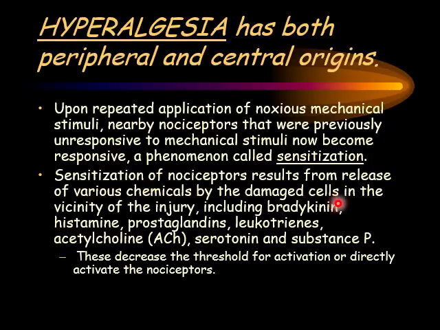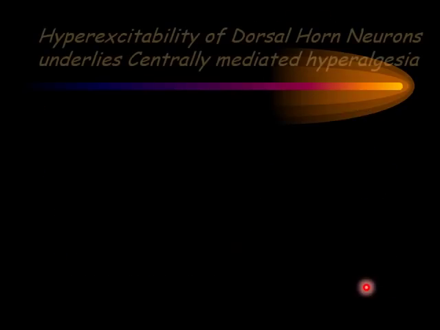And that sensitization is due to release of a variety of chemicals by damaged cells and surrounding tissue, including bradykinin, histamine, prostaglandins, leukotrienes, as well as acetylcholine, serotonin, and substance P. These all decrease the threshold for activation, either by directly activating them or simply shifting the threshold for activation.